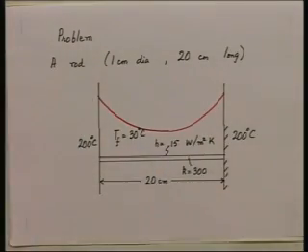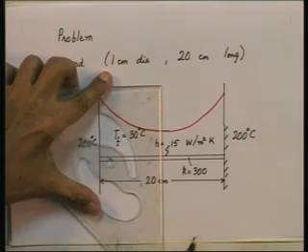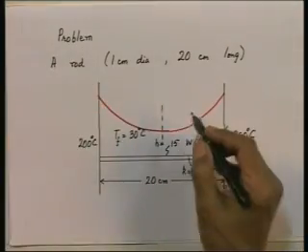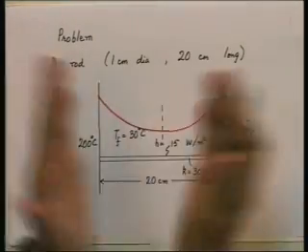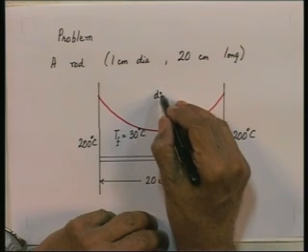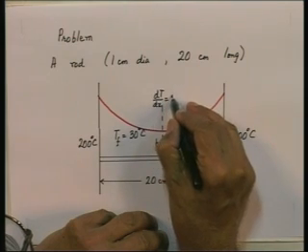And at the center, that is at x equal to 10, symmetry requires, since everything is symmetrical on both sides, that d theta by dx, or dT by dx, be equal to 0.